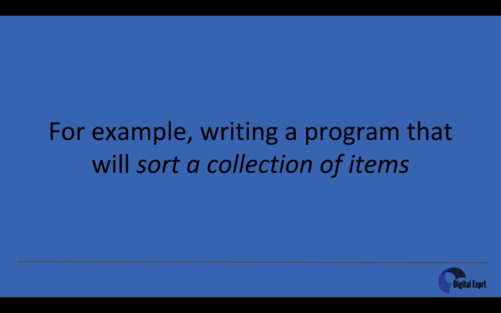Let's say there's a data structure that contains some items, such as a list, and it's randomized, or we don't know what order it is in, so we want to write a program that will sort the items in that collection in whatever order, alphabetical or by magnitude and whatnot. So we could do that using various algorithms.